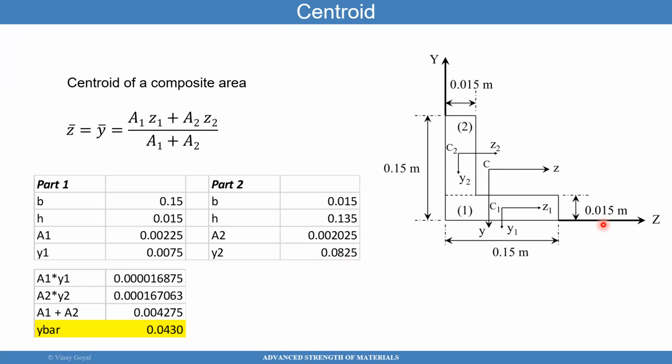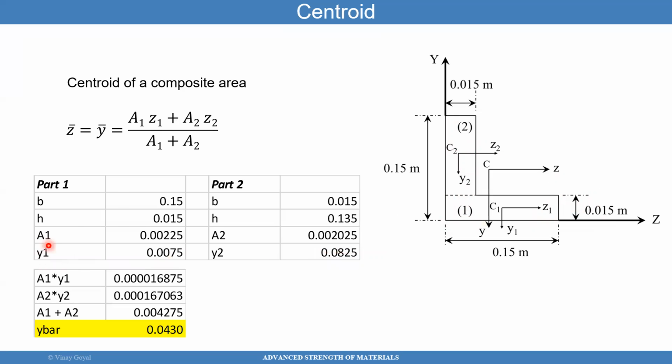When you do that, you get 0.135 for this height here. Divide that by 2, you get 0.0675 from this point to this point. You then add 0.015 due to this height, and that gives you the distance from the bottom to this point. That number is 0.0825.